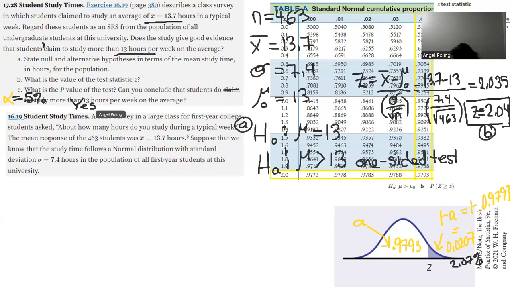So let's see how I worded it. For part C, I said P is small. That's my first statement.